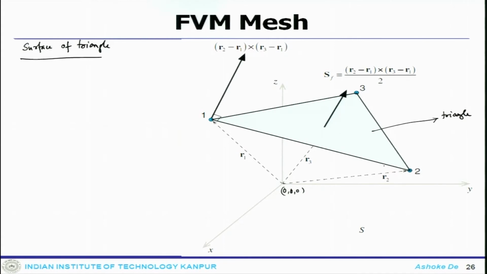Once you say that, you can calculate the normal vectors at 1, this would be the normal vector, and this is the surface vector.